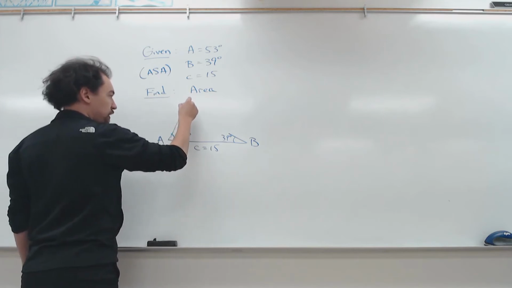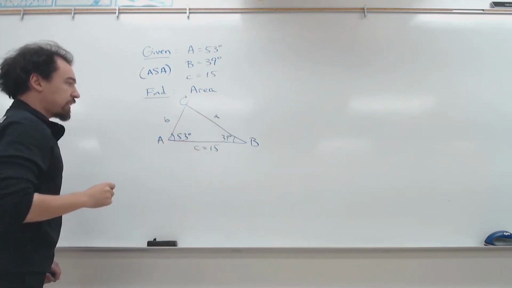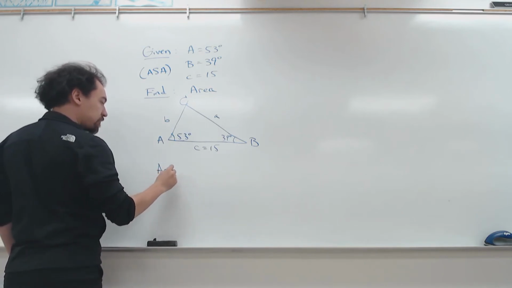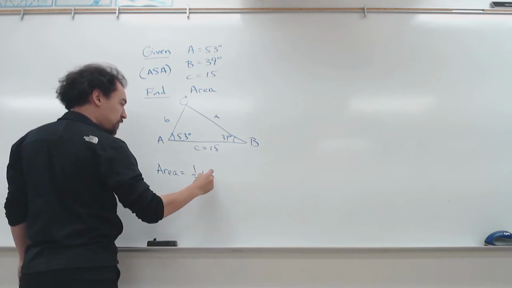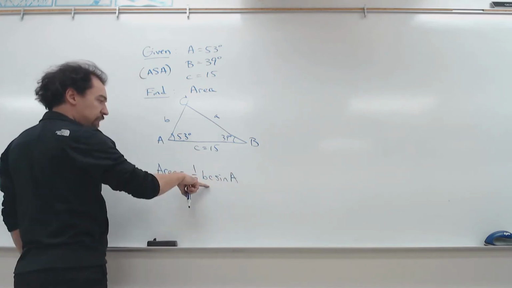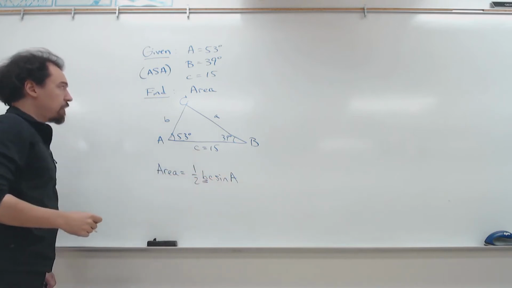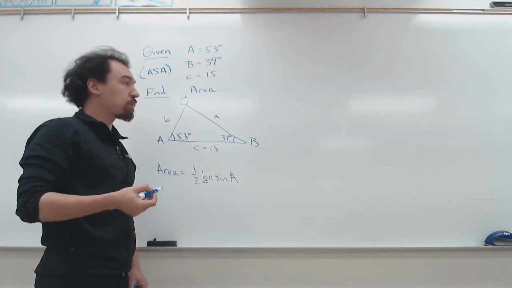So when I draw the rest of the triangle and label this, I think to myself, I would like to find the area the way I did before, using side angle side. So that's lowercase b, lowercase c, times sine of angle A. I have side c, I have angle A, but I don't have side b. Now, of course, I remember that angle side angle is a case we solved using the law of sines.